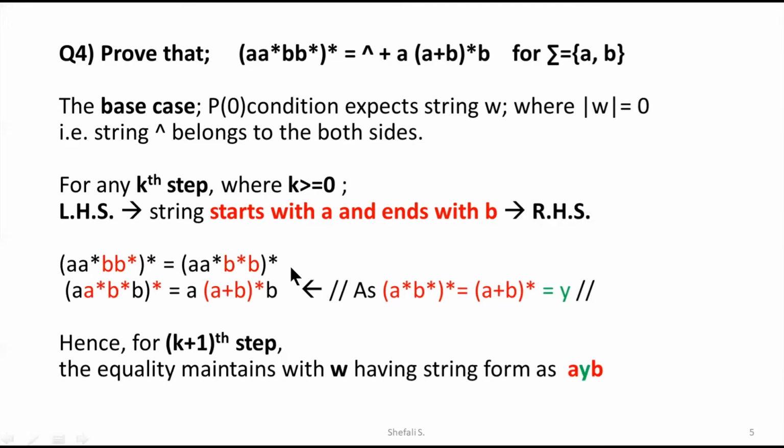Now for the next step, when we need to move, we can say that (A* B*)* should be equal to (A* B*)* B. What I did is that I have just rearranged the terms which are given in the red color. B star is nothing but B* B. We should be agreed on this one.